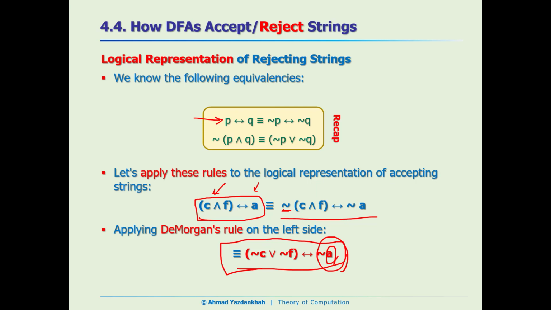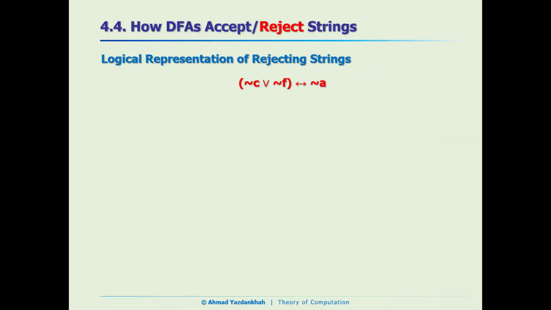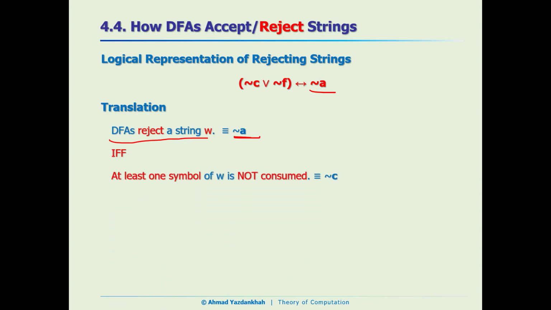Okay, now let's translate that into when a string will be rejected. What is the plain English explanation or translation of this? This is saying that the DFA rejects a string if and only if at least one symbol of W is not consumed, right?